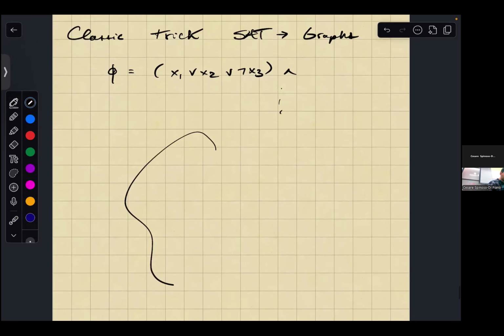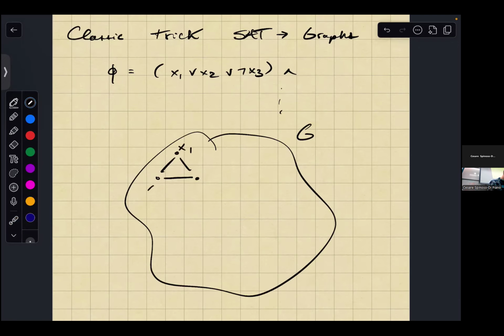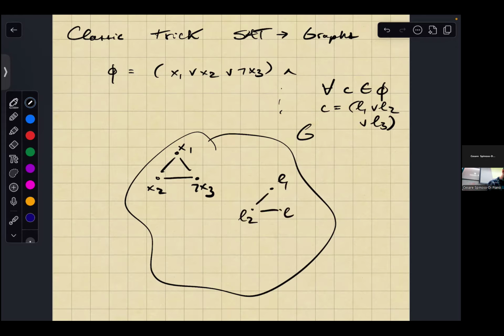So this is going to be my instance modification. I'm going to create a 3-clique x1, x2, not x3. And then I'm going to do this for every clause in my Boolean formula phi. So if that clause is L1 or L2 or L3, then I'm going to create L1, L2, and L3 in my graph.